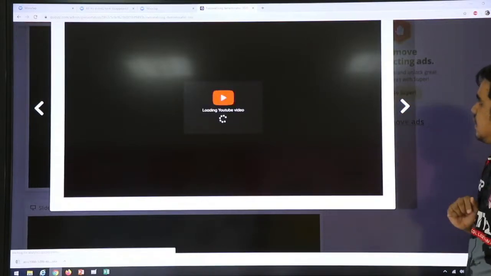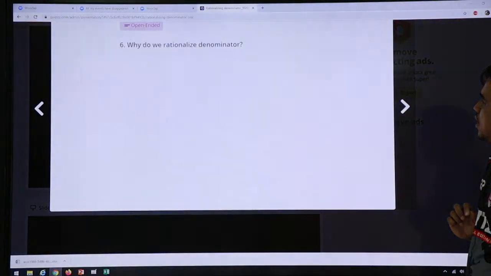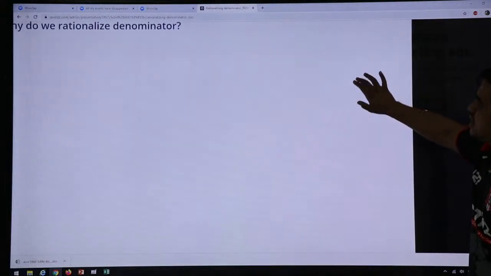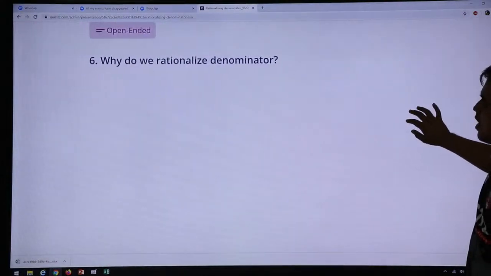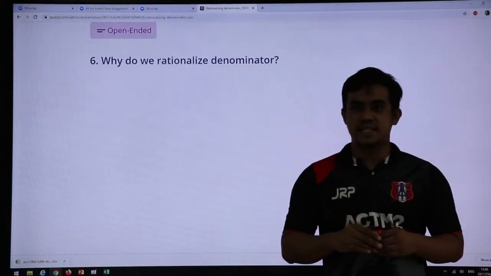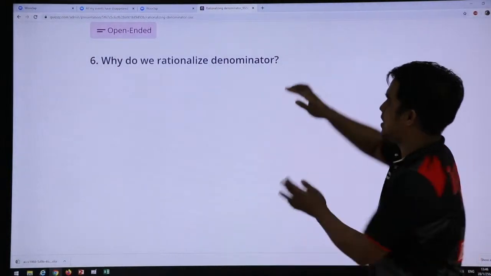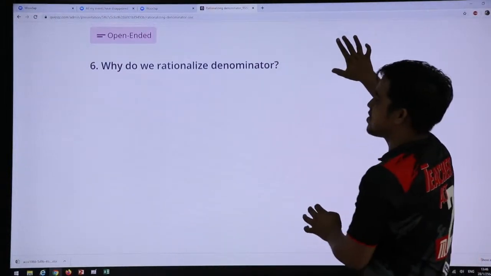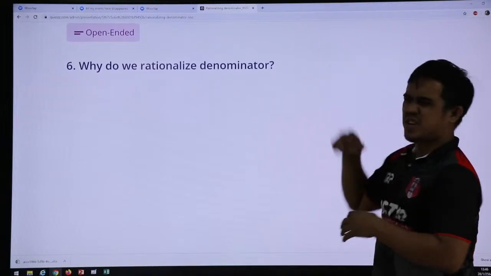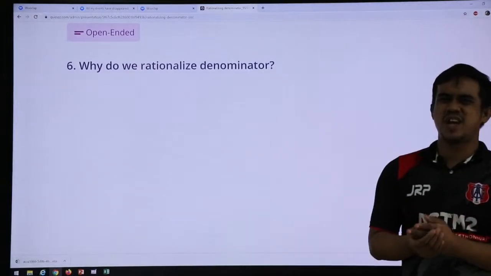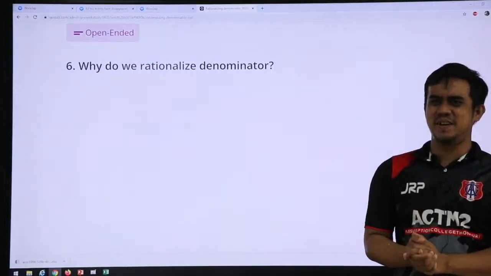Next. Okay, so the question here is, can you still see? Why do we rationalize denominator? Why do we need to rationalize the denominator? Why are we doing that, right?